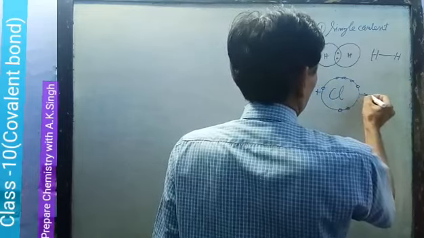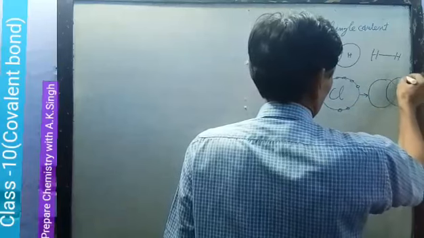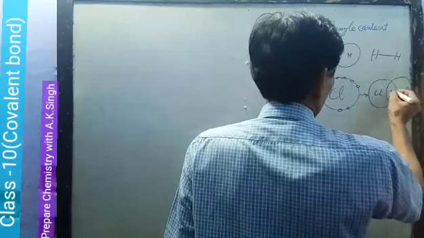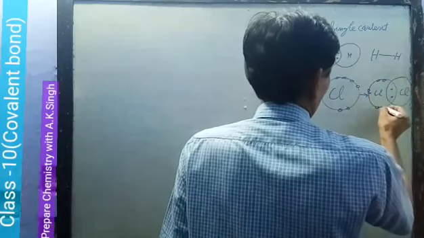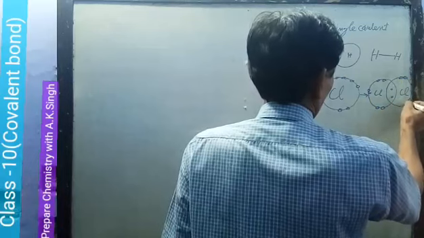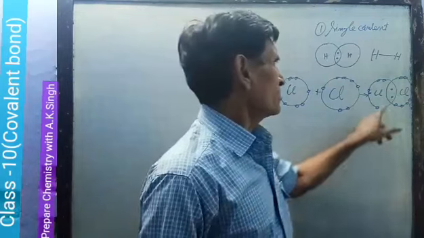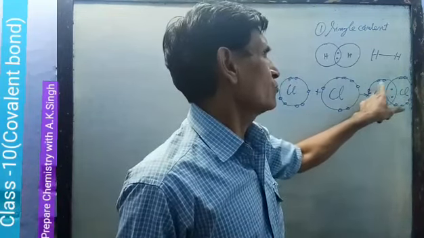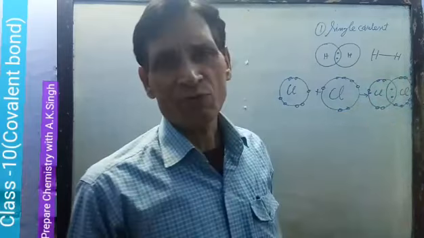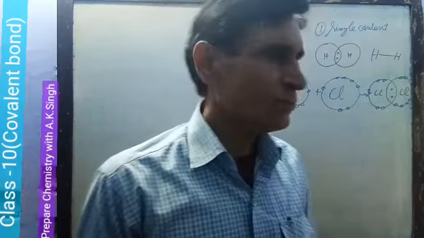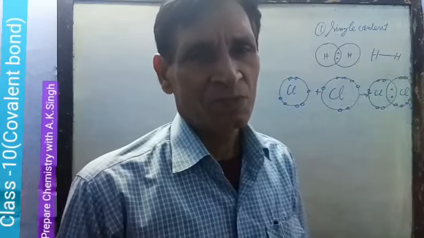They combine to form like this. Now see, both the atoms are having 8 electrons, 2 plus 2 plus 2 plus 2. Here also the shared pair is only one. Then this is a single covalent bond and both the atoms are attaining octet configuration.